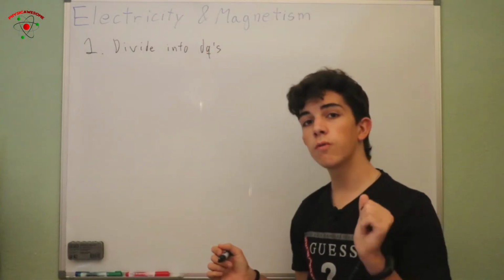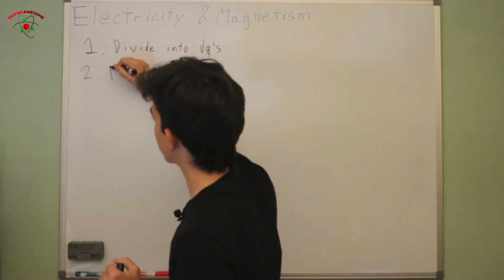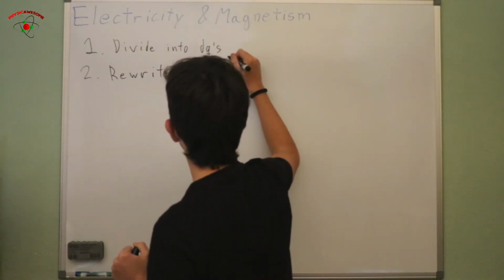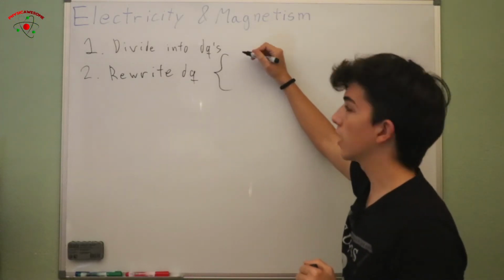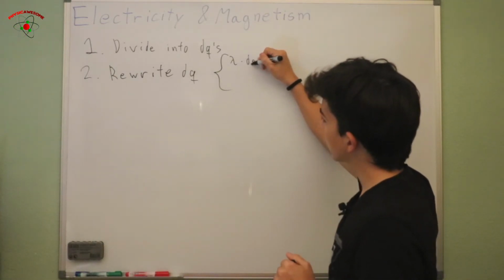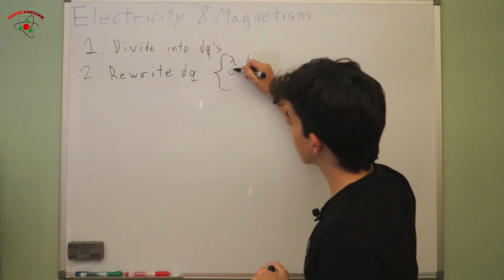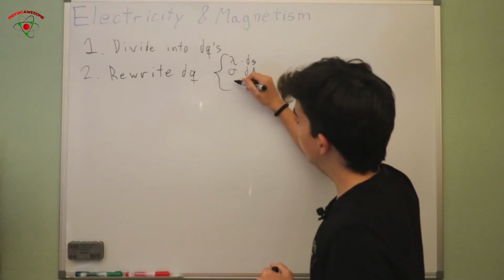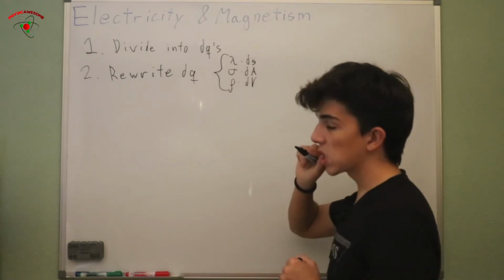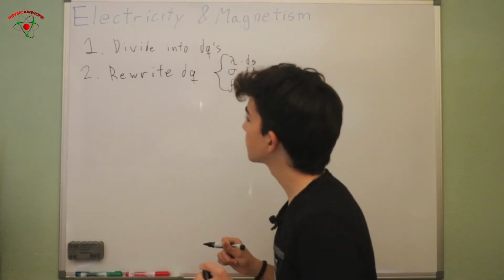Then you need to find the expression for dq in terms of the volume elements. You can have the lambda, the linear charge distribution, ds, the superficial charge distribution, which is a sigma dA, or the volume distribution, which is a rho times dB. These are just conventions and you can really use any letter you like, but whatever.